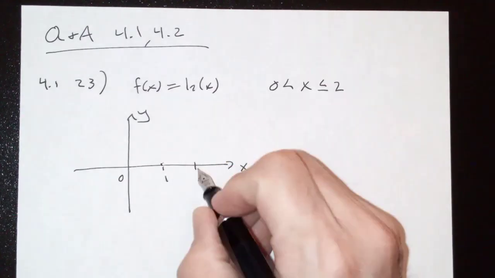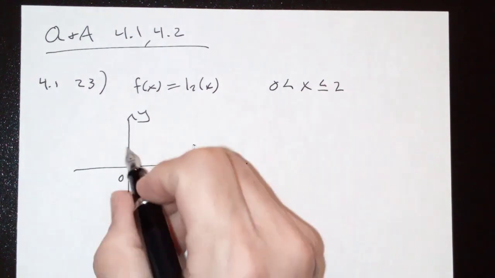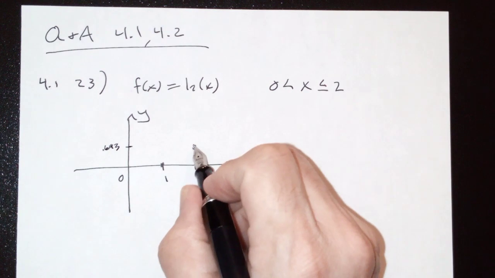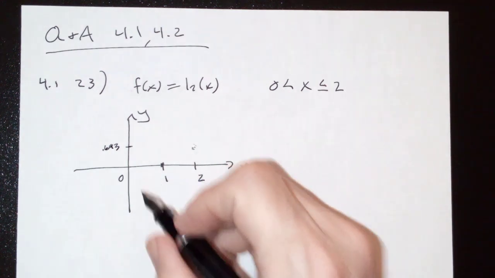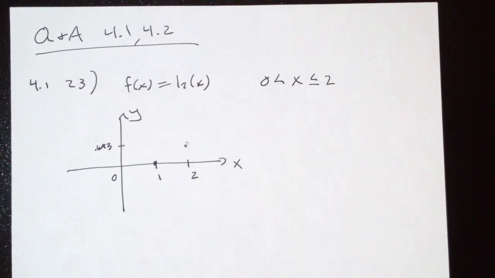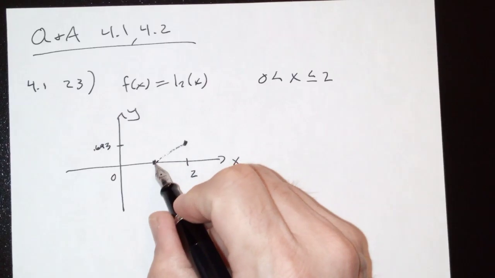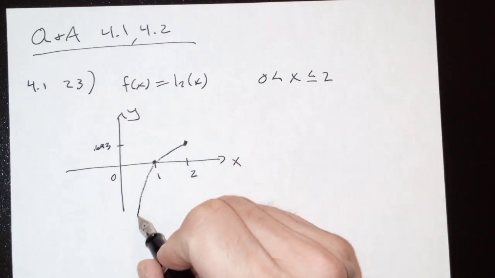And at the point 2, we hit a value of roughly 0.693. But as we get closer and closer to 0, what happens on this graph? Say again? It goes negative. And not only does it go negative, it keeps going negative.